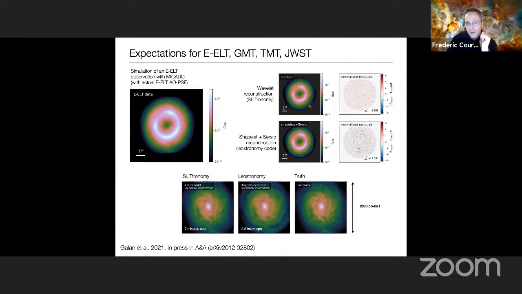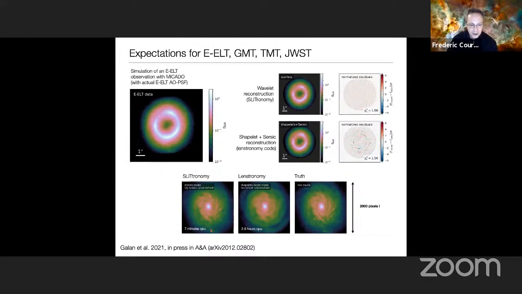And that's the model fit to the data with wavelets or with shapelet and Sersic. You don't see much difference there, but when you invert the lens equation, it's kind of striking. This is the galaxy that has been used to produce the lensing features here. That's what you would get with fully analytical profiles for the source, and that's what you get with wavelets. So very close to the truth.